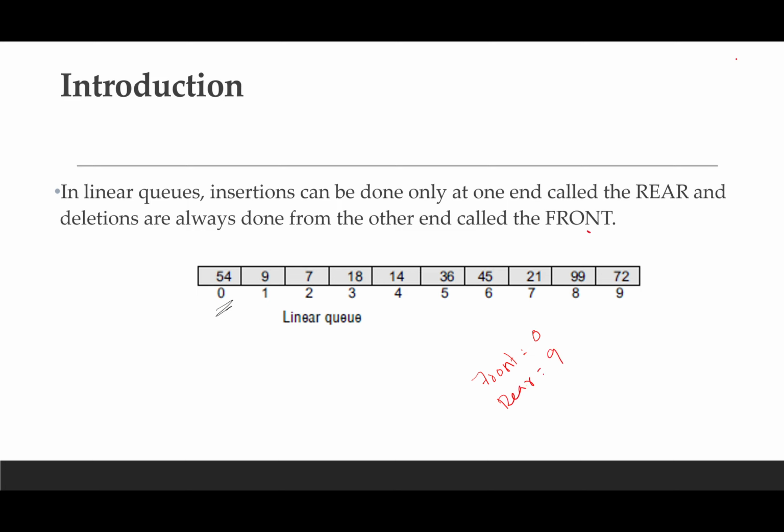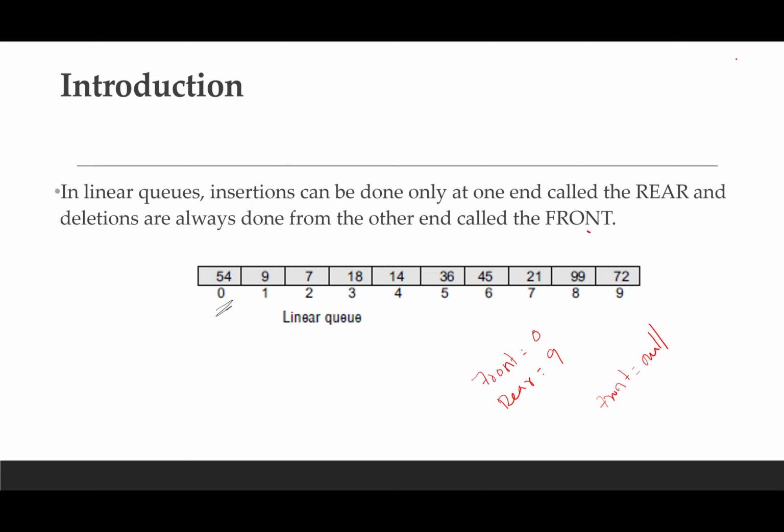When we are doing the insertion, we will check the condition front is equal to null. If front is equal to null, the queue is empty and we can do the insertion.